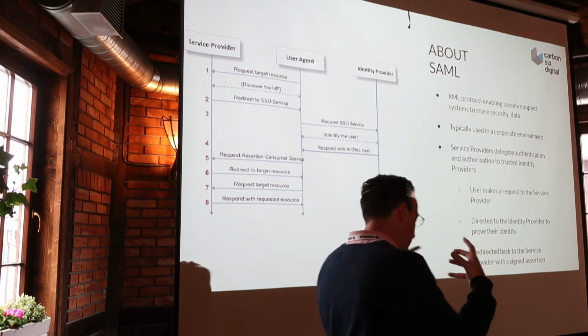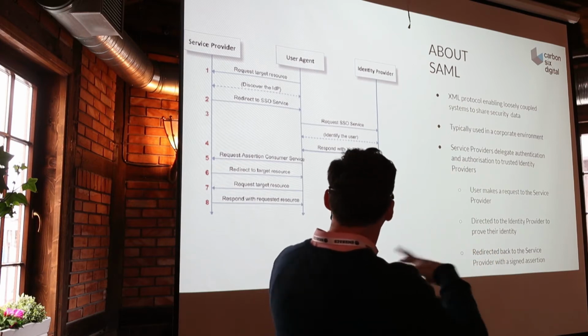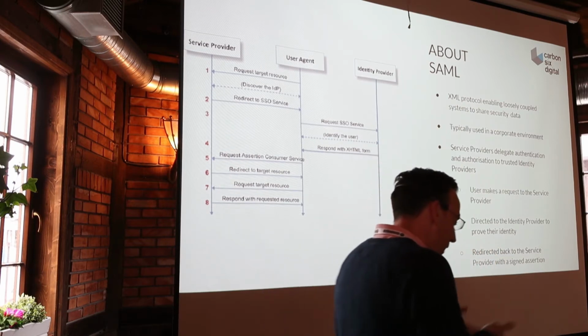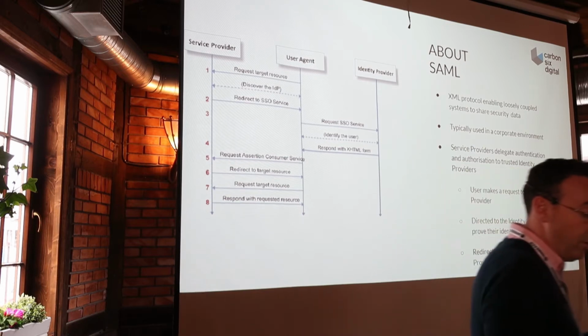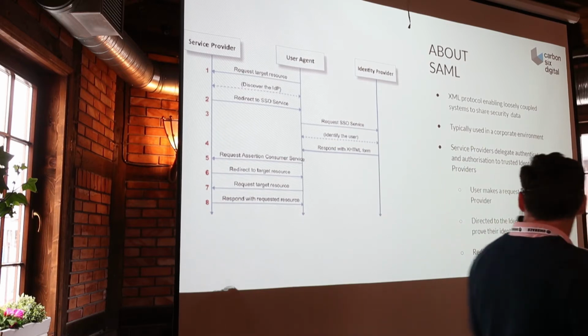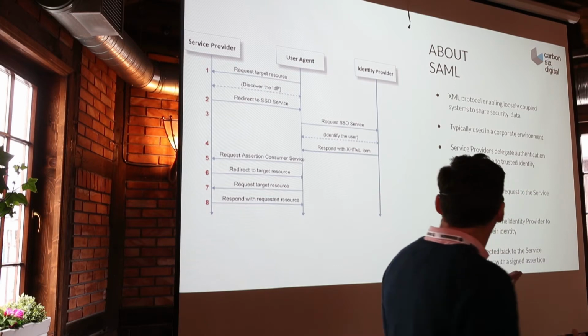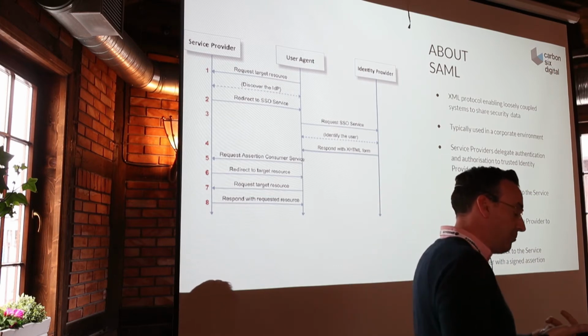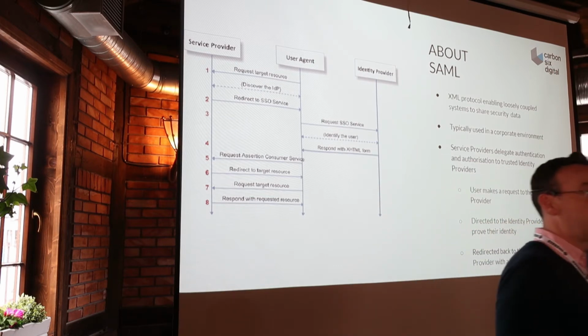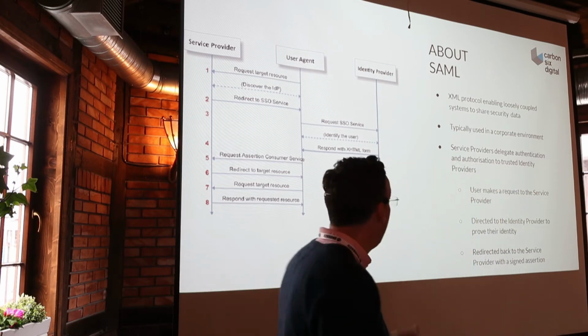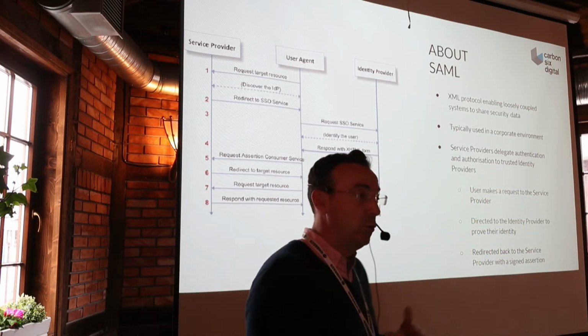And in the SAML scenario, you've got the user's browser, you've got this concept of a service provider, so in this case our intranet was the service provider, and you've got this concept of an identity provider, which is the system that you trust for providing you with authentication and authorization rules.